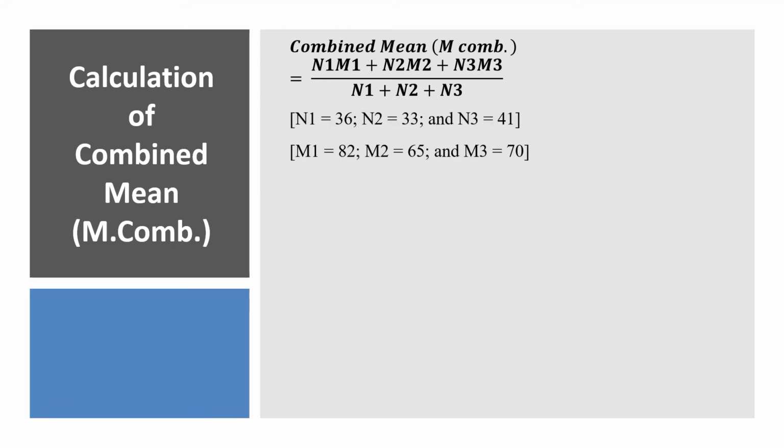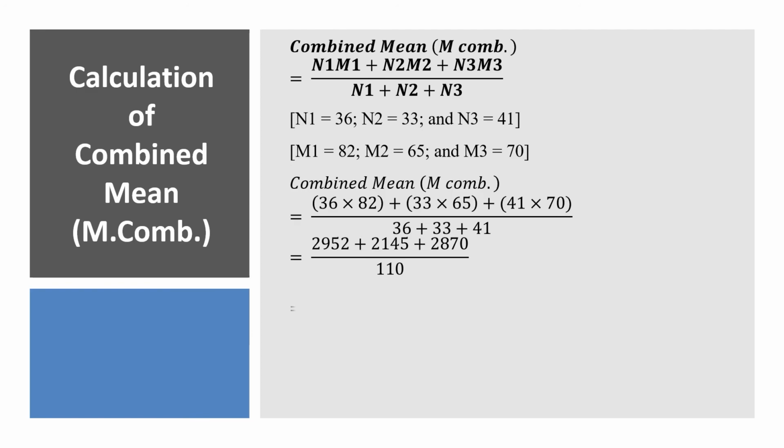N1 is 36 and M1 is 82, so 36 into 82, plus N2 is 33 and M2 is 65, so 33 into 65, and accordingly 41 into 70. You have to multiply these 3. Here I have multiplied it, and N1 plus N2 plus N3 is 36 plus 33 plus 41.